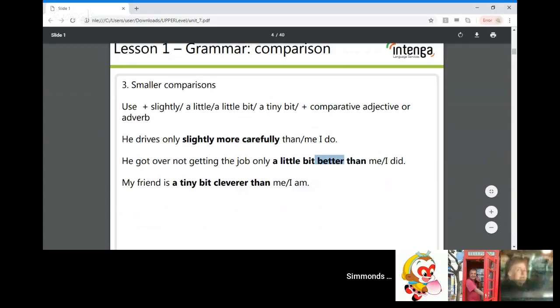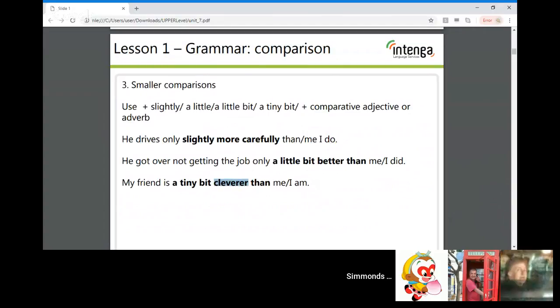Better is an irregular comparative adjective, or cleverer. Okay, clever is one of those comparative adjectives that I think "more clever than me" is probably correct. However, a lot of people over the years have said cleverer, and so we just use that because it's a little bit easier.